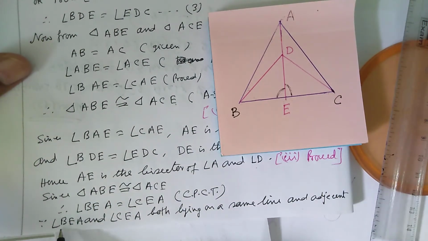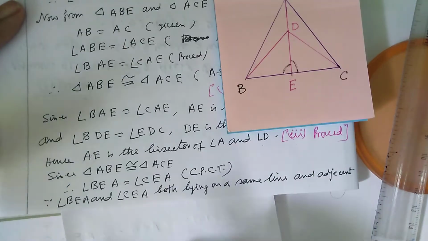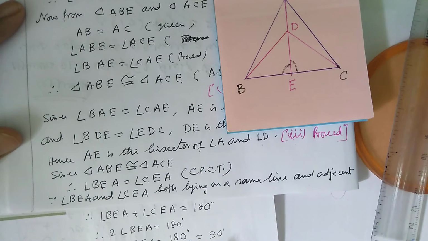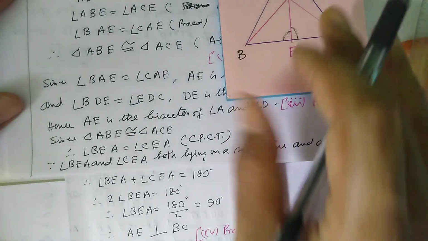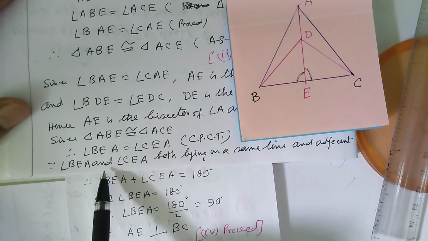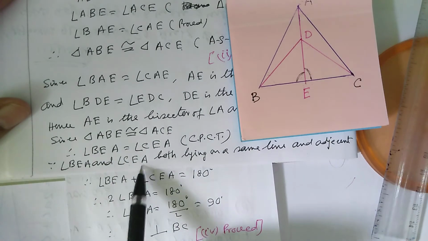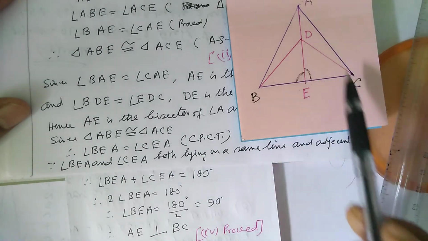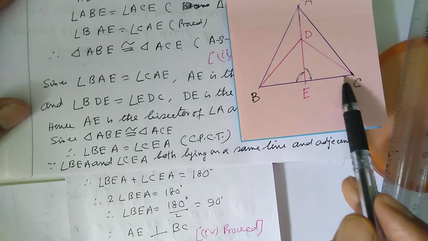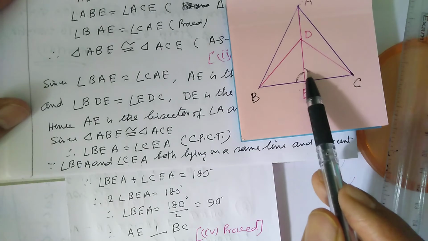Angles BEA and CEA both lie on the same line and they are adjacent.